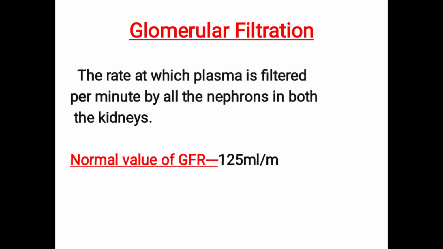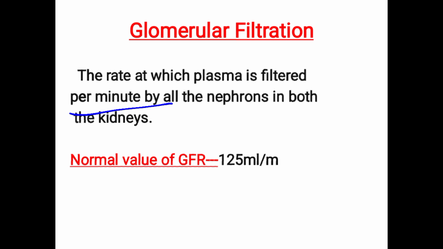Glomerular filtration is the rate at which plasma is filtered in the glomerulus per minute by all the nephrons in both the kidneys. So per minute, in both the kidneys, how much plasma is filtered.